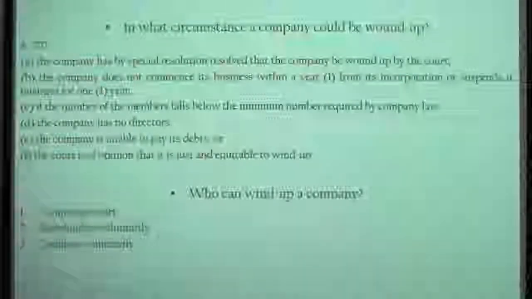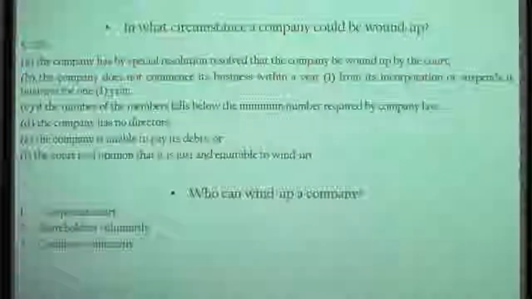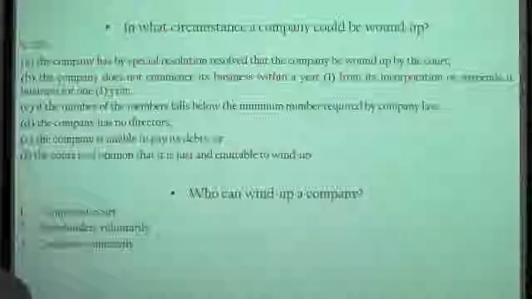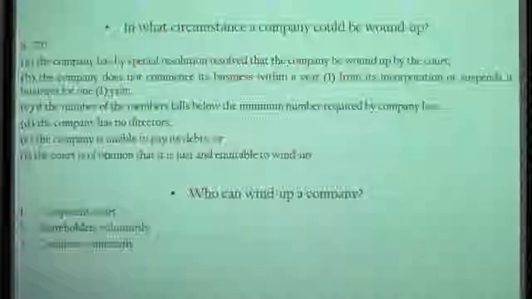That is a situation where there is a petition by a shareholder, creditor or director that the voluntary winding up is not taking place properly.